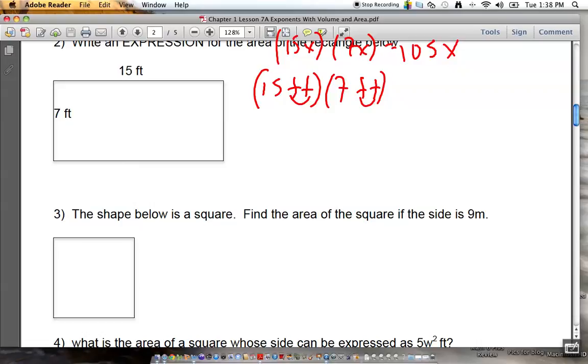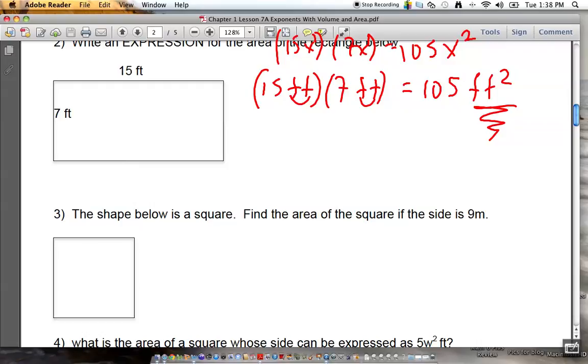X squared, right? Because there's really a 1 here and a 1 here, and 1 plus 1 makes 2. So this answer is going to be 105 square feet. And that's where they get the expression square feet from. They get it because when you calculate these numbers, you're going to do feet times feet to get feet squared.